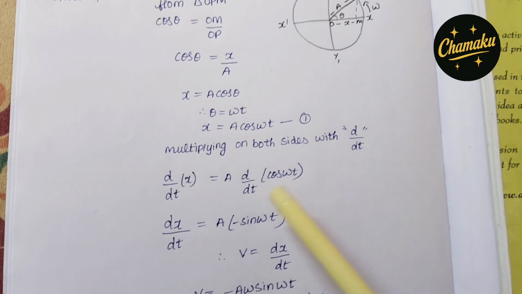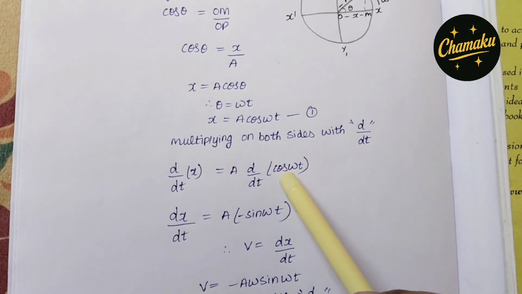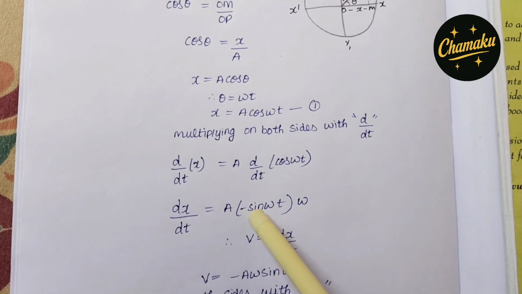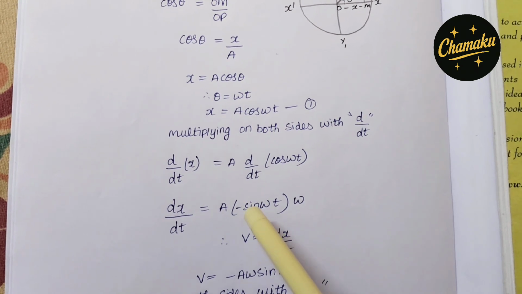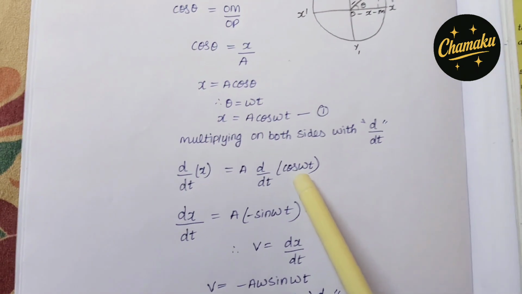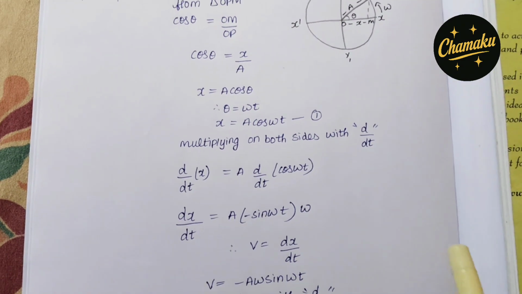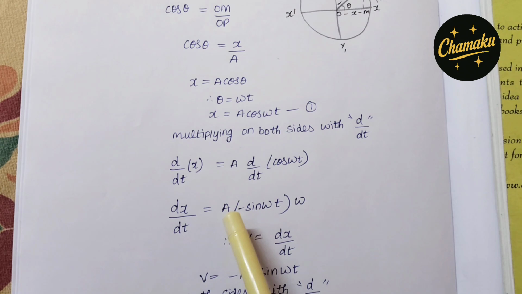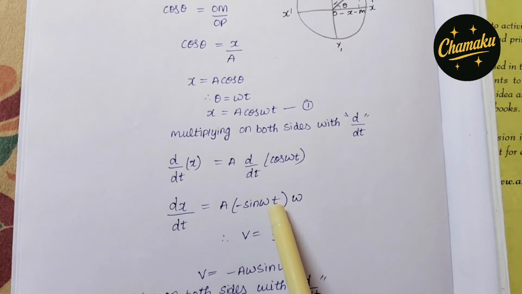If you are applying differentiation for cos, we will be getting a minus sign, and if you are applying differentiation for sine, we will be getting only cos. This is the most important thing you have to remember in this question. So a into minus sine omega t into omega.